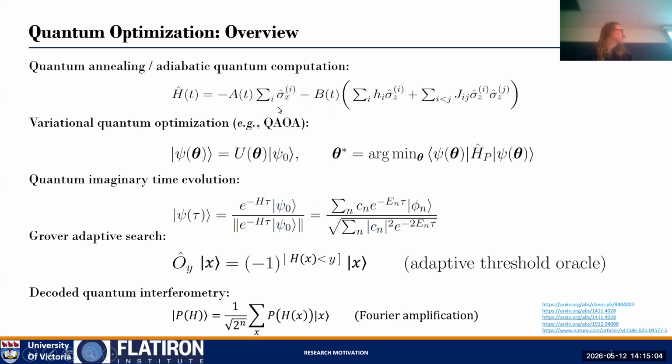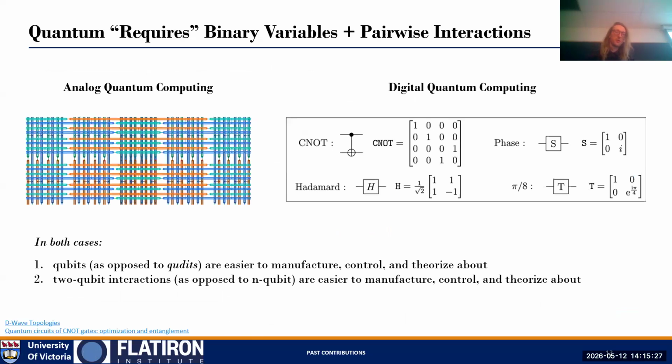These all differ in their details, sometimes quite dramatically, but they all involve, which is relevant to us, the encoding problem. How do we express our cost functions in terms of a Hamiltonian that we can then optimize over? And ideally, our Hamiltonians are compact, involving few qubits and few interactions between those qubits.